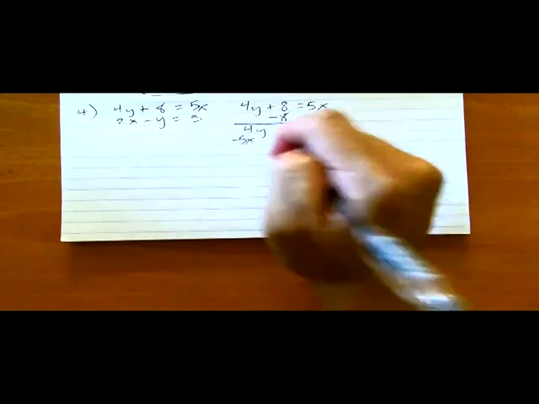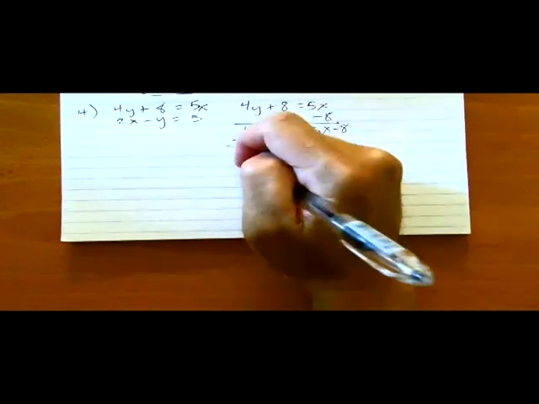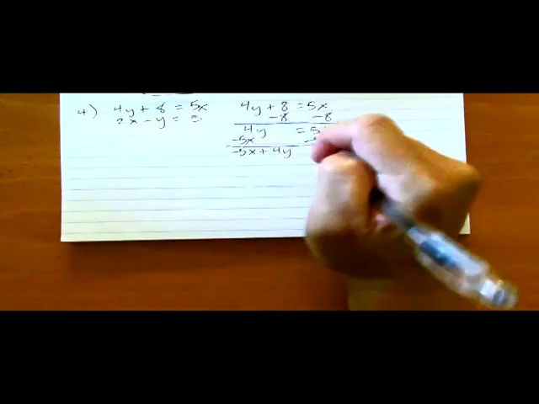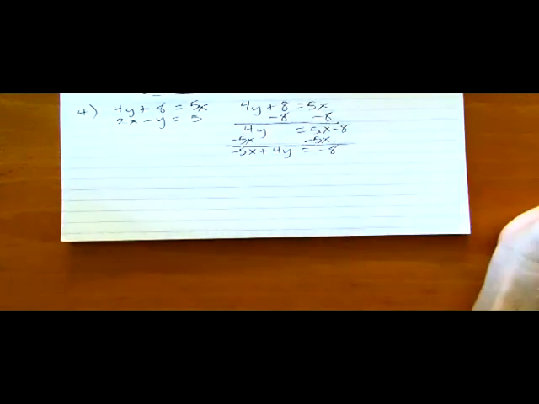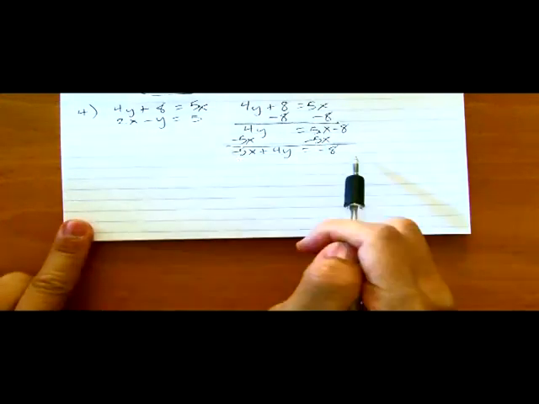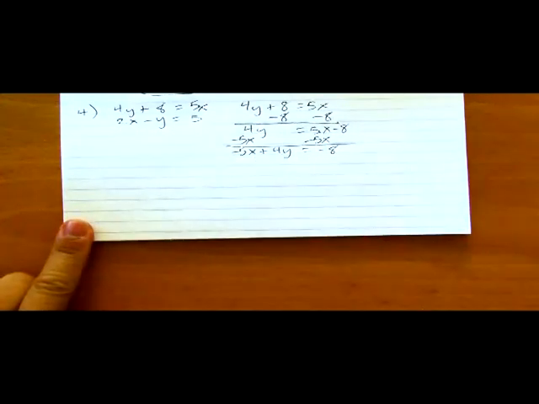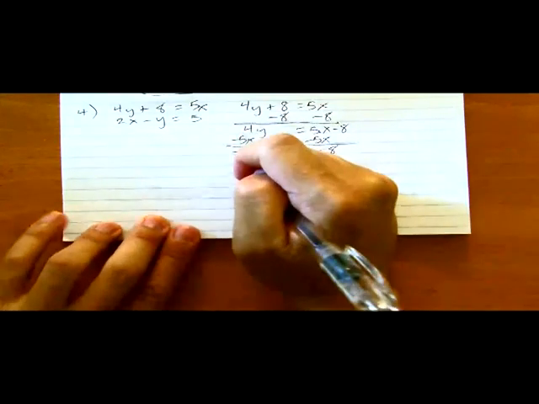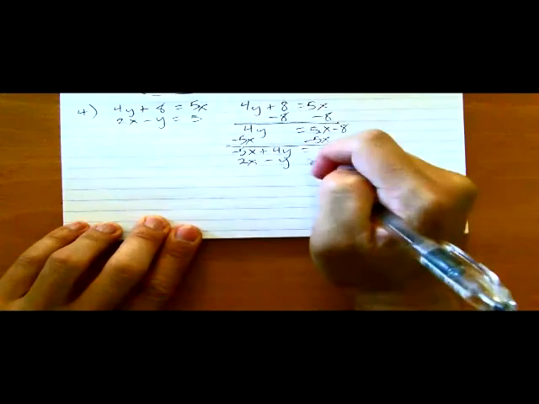Subtract 5x on both sides. Negative 5x plus 4y equals negative 8. Now I can write the other equation directly below it, and everything's going to be lined up in columns. So right underneath, I'm going to write 2x minus y equals 5.